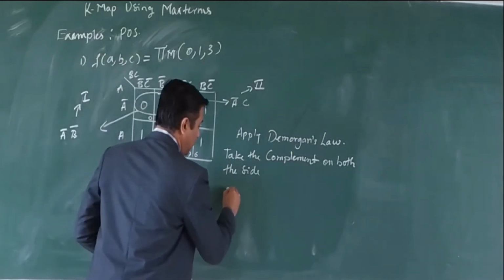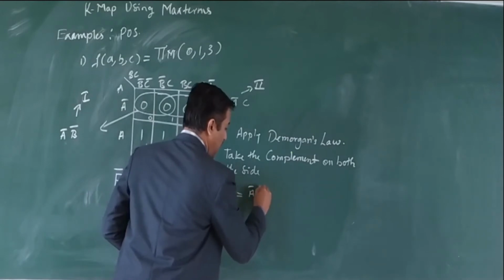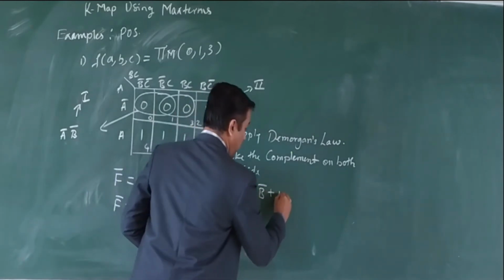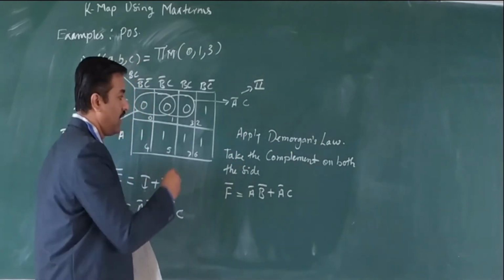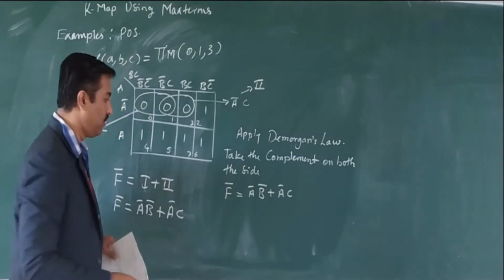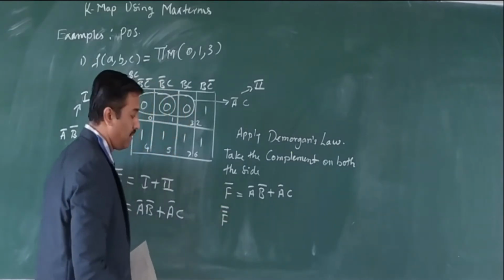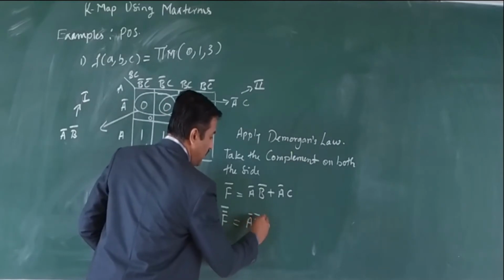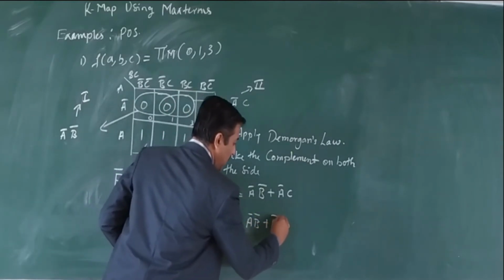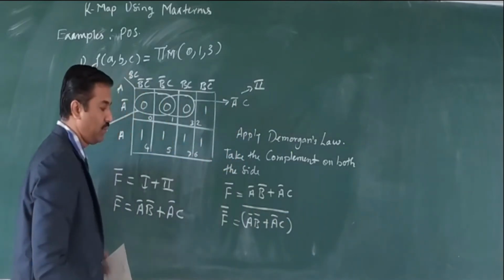So first, I will write the expression f bar is equal to A bar B bar plus A bar C. By applying the De Morgan theorem, I have to take the complement on both the sides. Complement in the sense, I will say f double bar equal to A bar B bar plus A bar C whole bar, I am going to put it into bracket.